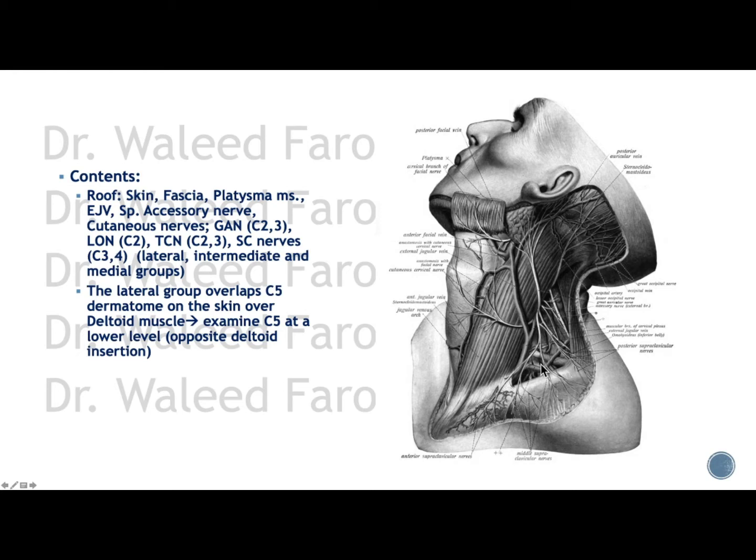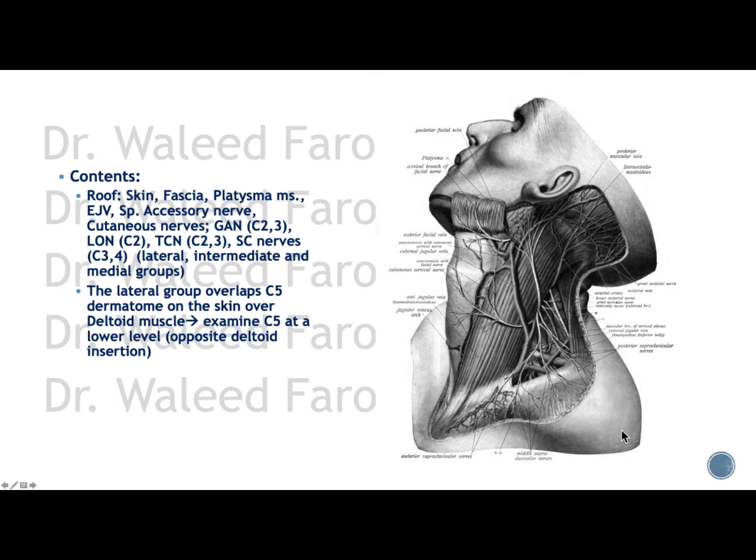Now, they carry C3 and 4 sensory information to the CNS, but I want you to notice the lateral group. The lateral group actually takes part in the supply of the skin over the deltoid muscle in the shoulder, upper arm, and this carries C4.